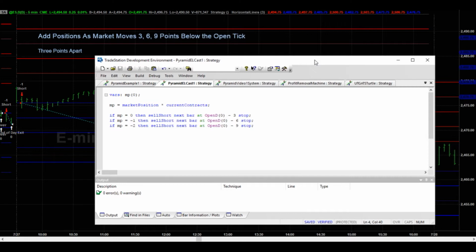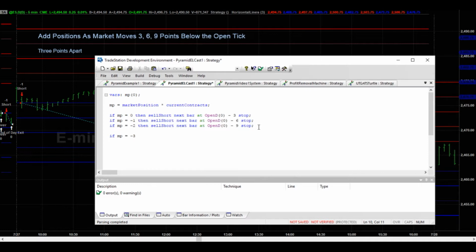Okay. Now this is where it gets a little more complicated, maybe not as intuitive as you might think, but let's do this. We know we want to put the trailing stop mechanism in if we've obtained 3 positions, right? So let's say, if MP is equal to -3, we have 3 positions on, we're short 3. The negative sign denotes whether it's long or short.